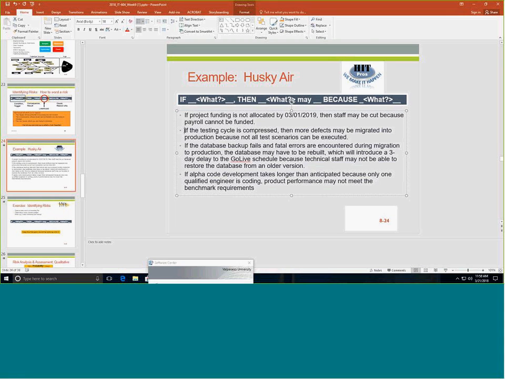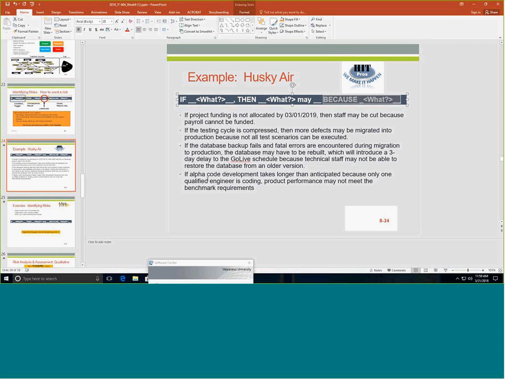Okay. If the test cycle is compressed, then defects may be migrated into production, because test scenarios cannot be executed. Bad idea, right? And so on and so on.